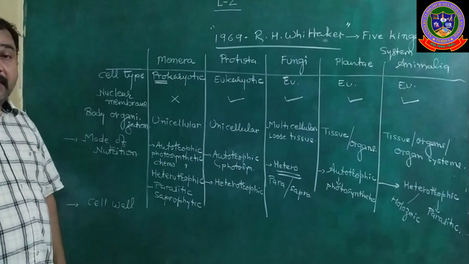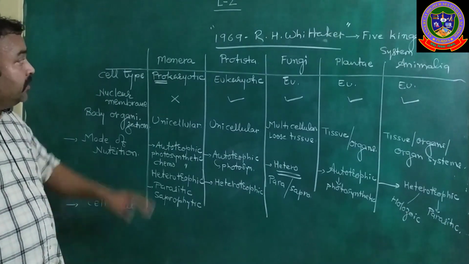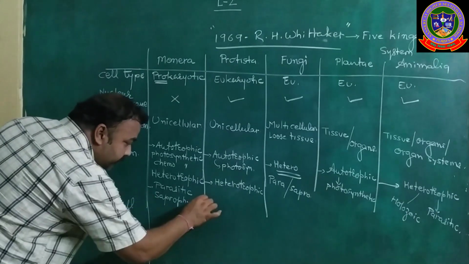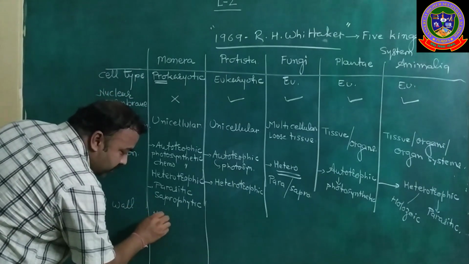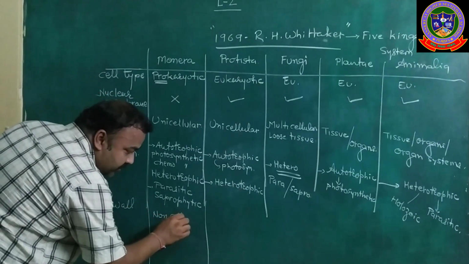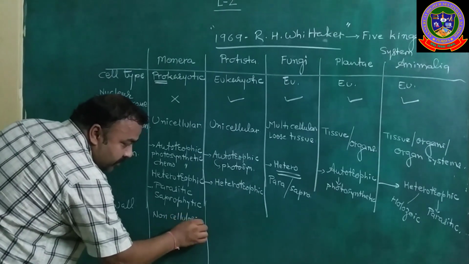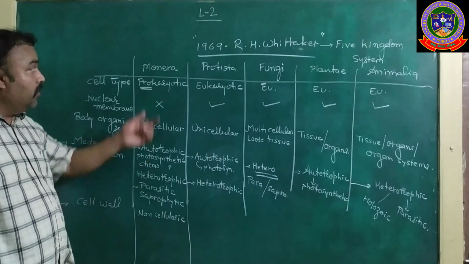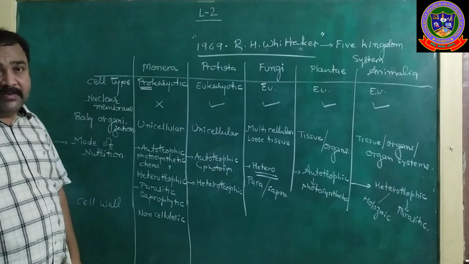And the fifth one, cell wall. In Monera, the cell wall is non-cellulosic. That means cellulose is absent in the cell wall of Monera kingdom organisms.